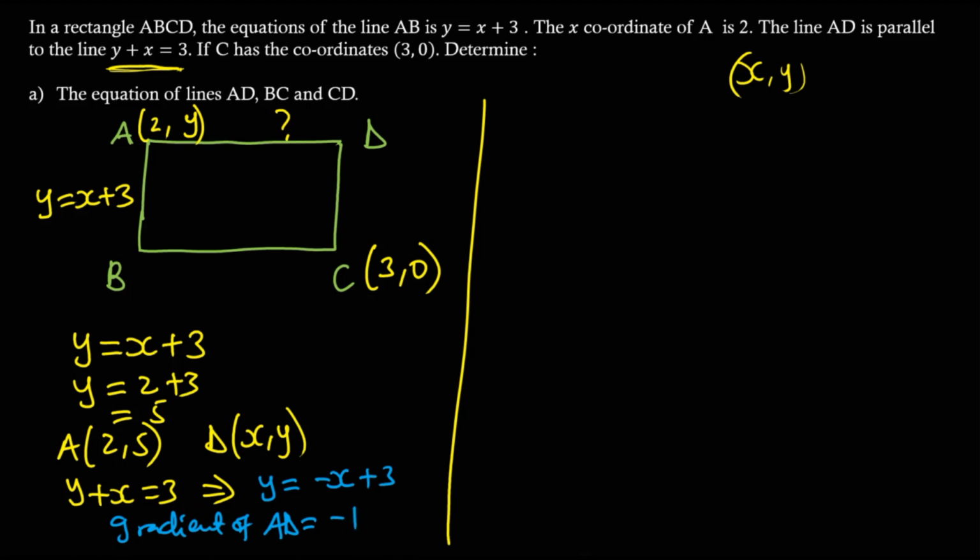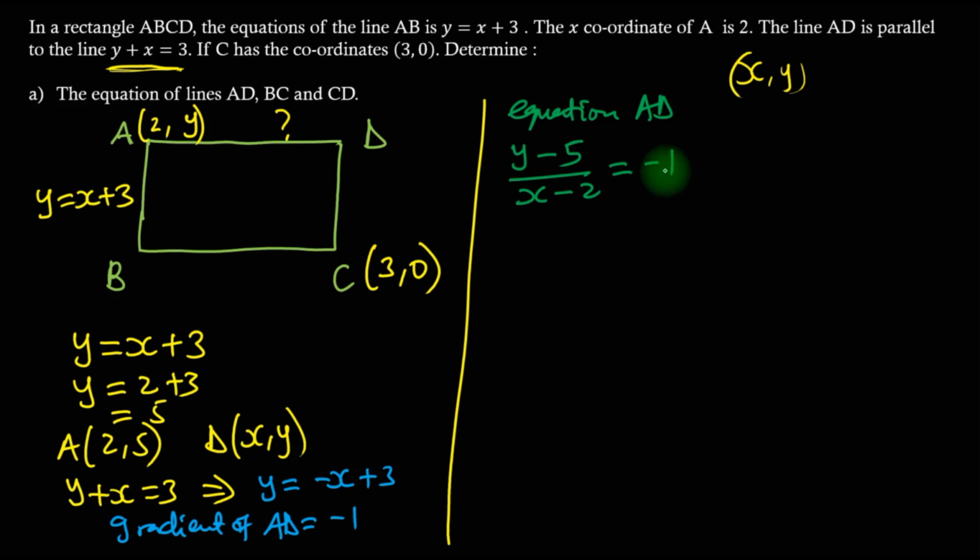So we can now get the equation of AD. The equation of AD will be given by change in y over change in x, which is equal to the gradient, minus 1. So y minus 5 all over x minus 2 is equal to minus 1.